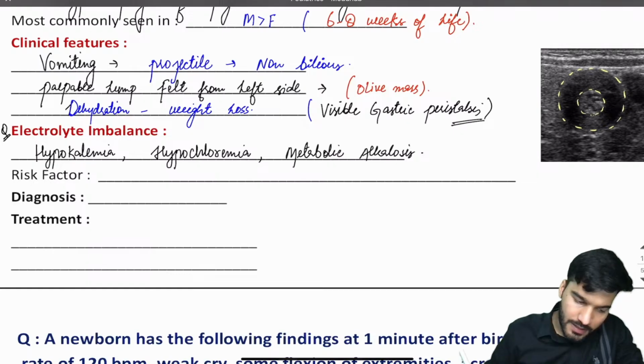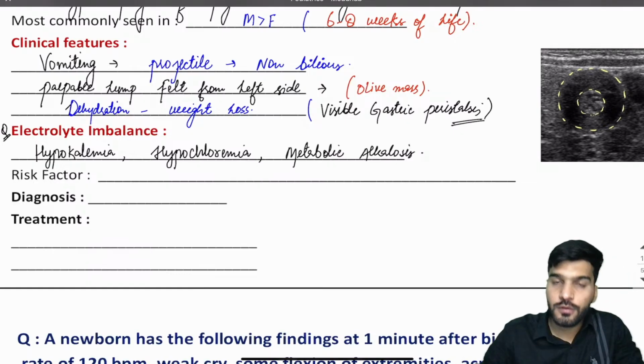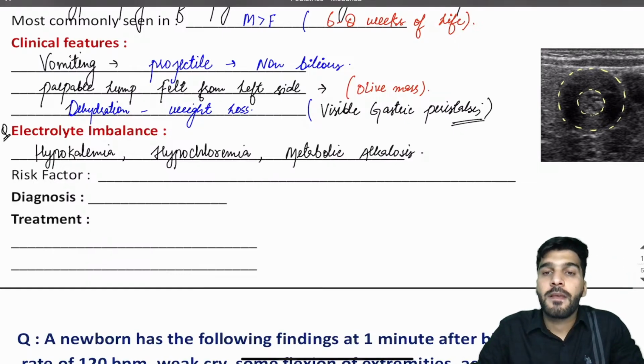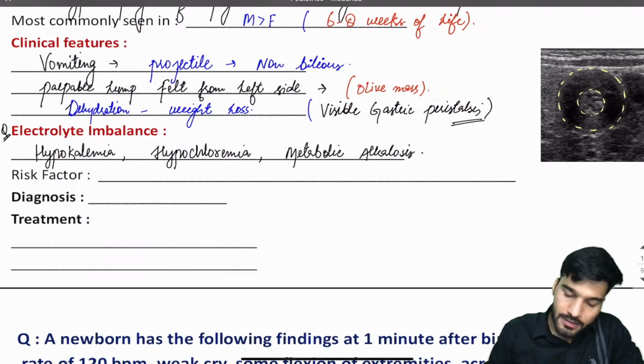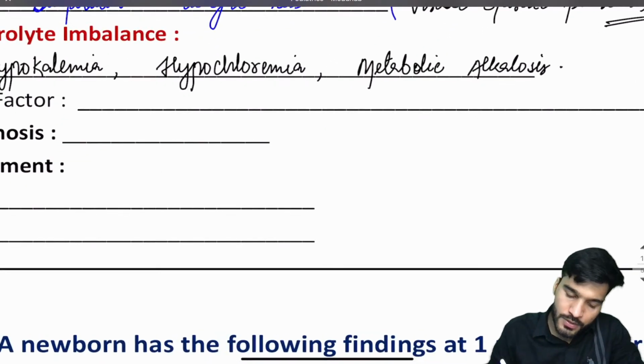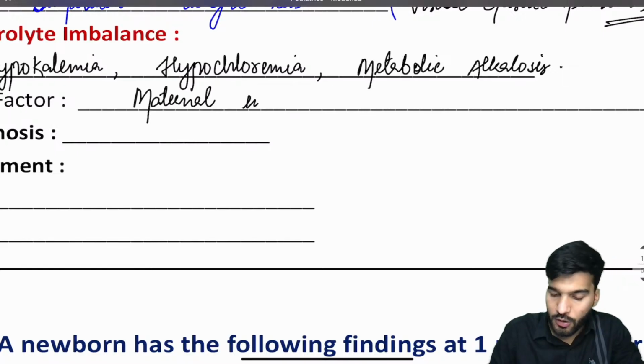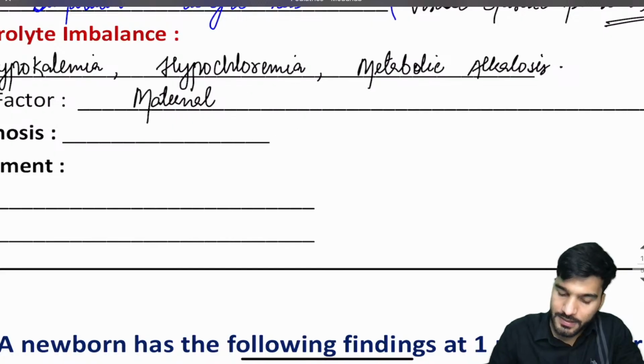The risk factor that can lead to CHPS is maternal intake of a drug. What is the drug which can lead to CHPS? Maternal intake of a drug belonging to the class macrolides. It is erythromycin.